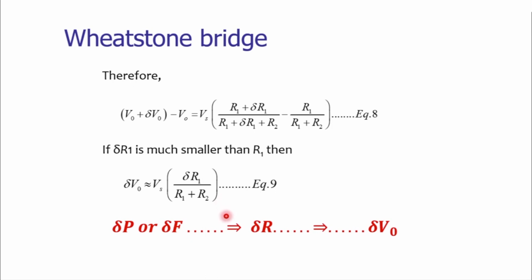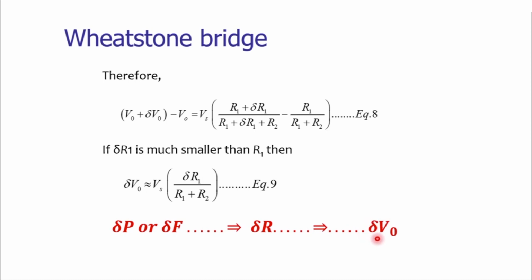So in this way, if there is a change in pressure or force that is applied on the strain gauge, that will change the resistance value of the R1 resistor, and due to that we are getting a certain change at the output voltage.